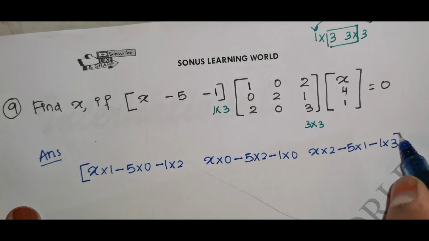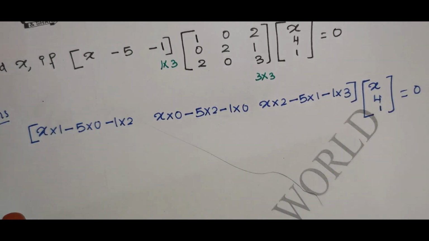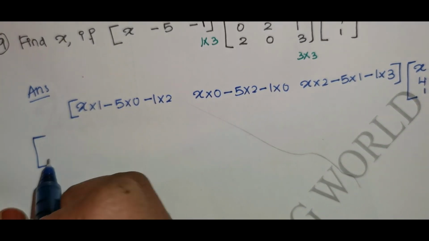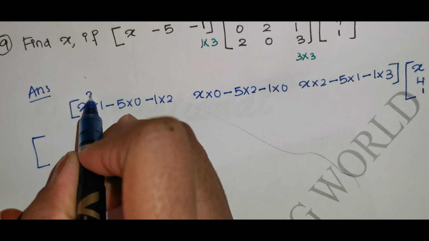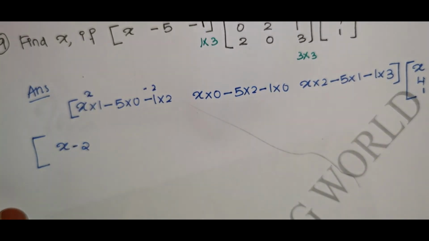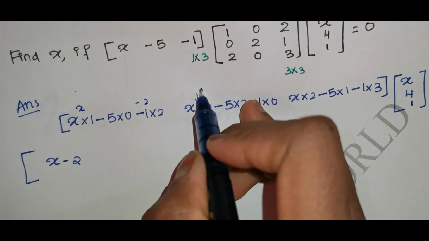That is into this matrix [x, 4, 1], which is equal to 0. Okay, so let me simplify. This is equal to x and this is minus 2, so my answer is x minus 2. This is 0.